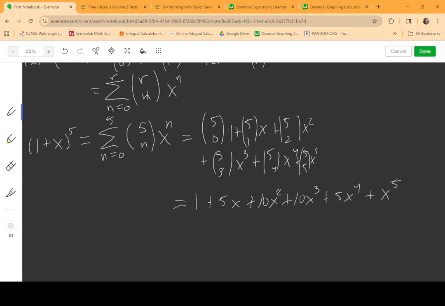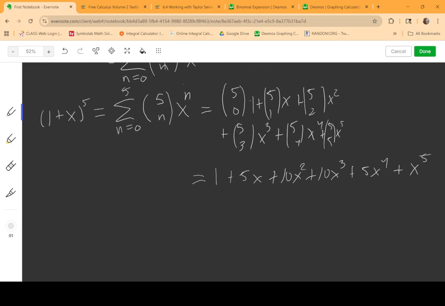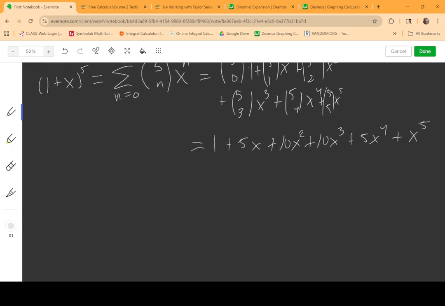Okay, now here, if we notice, this works fine when we have non-negative integers, right? But let's expand our definition here where r can be any real number, not necessarily a non-negative integer.